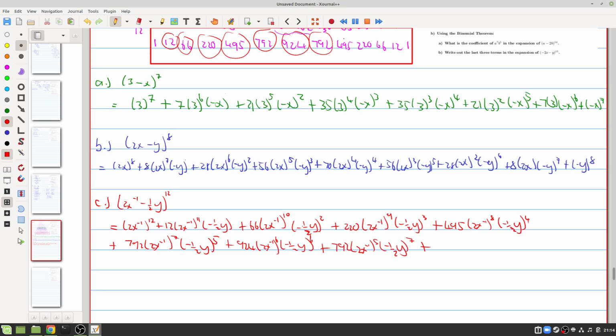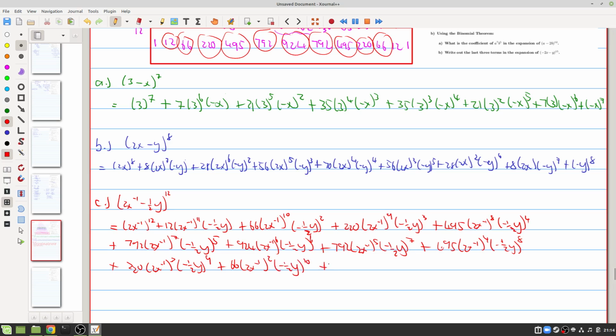plus next coefficient 495, plus 495, first term to the power 4, second term to the power 8, plus, okay, four more terms, sorry, plus 220, first term to the power, subtract 1 from 4, so that's going to be 3, and then second term to the power 9, plus next coefficient is 66, first term to the power 2, and then negative 1 over 2y to the power 10.